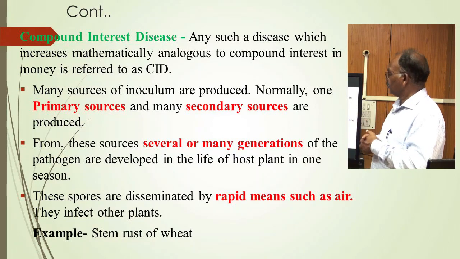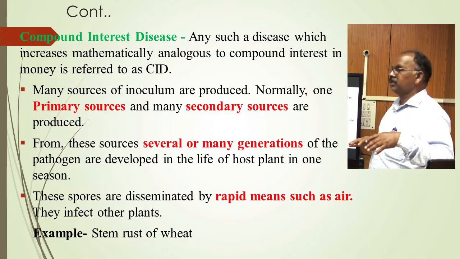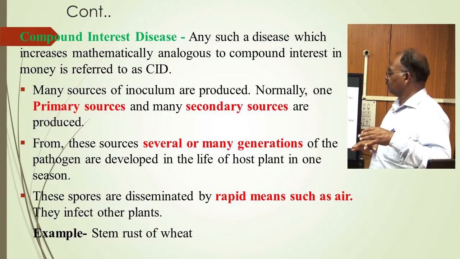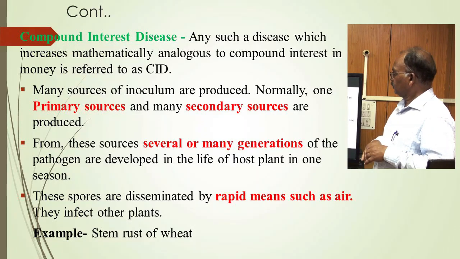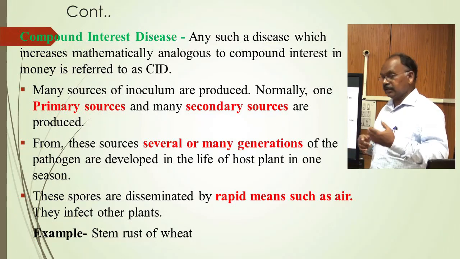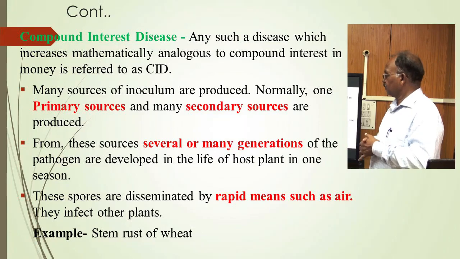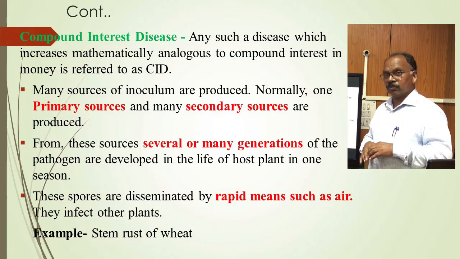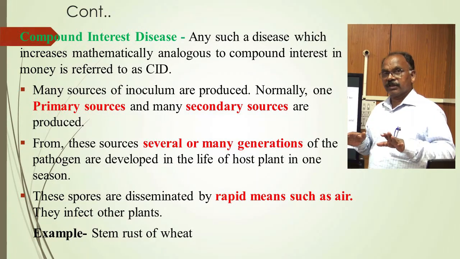From these sources, several or many generations of the pathogen develop in the life cycle of the host plant in one season. Therefore, these spores are disseminated by rapid means such as air. They infect other plants, such as stem rust of wheat, which is caused by Puccinia graminis tritici.